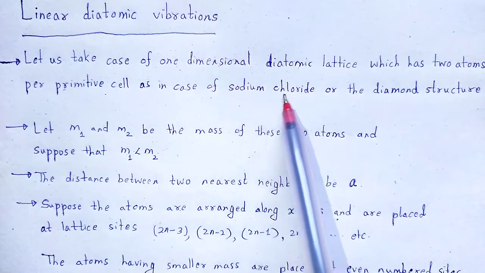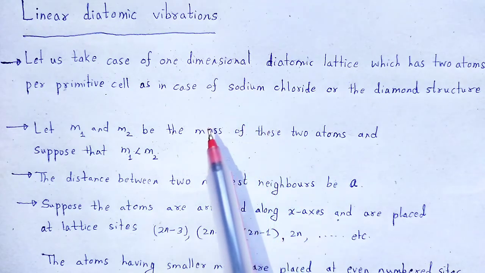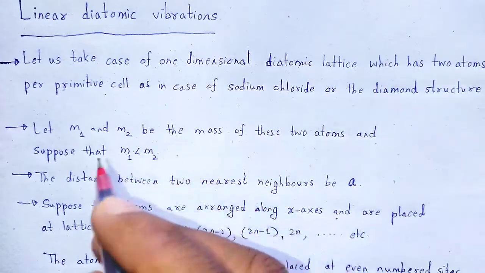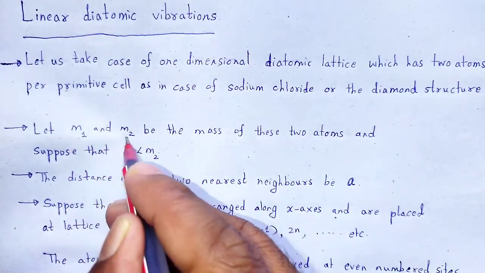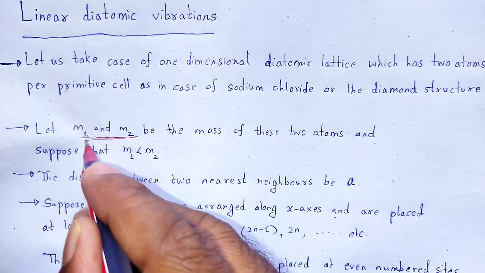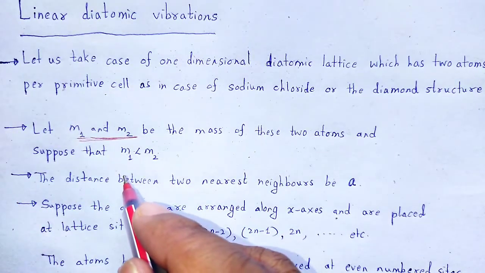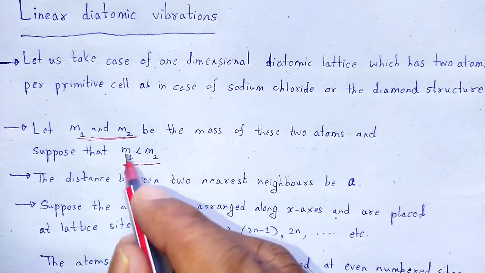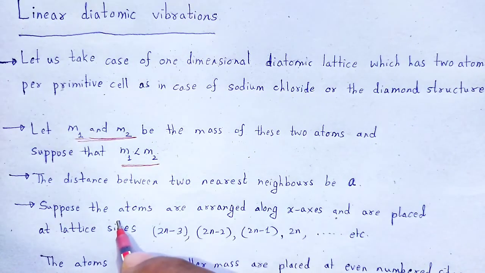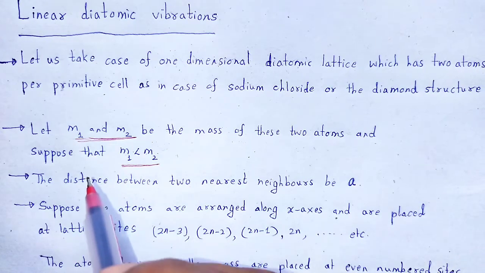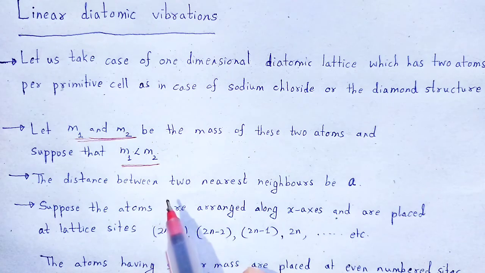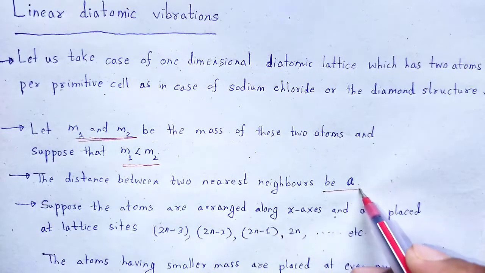As it contains two atoms, let the masses of the two atoms be m1 and m2, and the mass m1 is smaller than the mass m2, and the distance between these two nearest neighbors be small a.